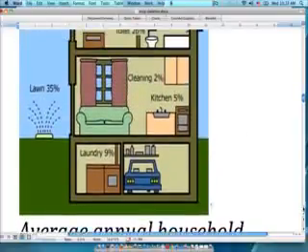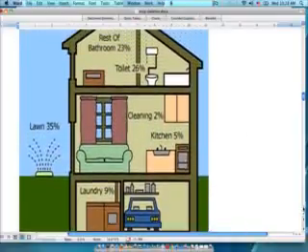So if we look at the diagram, we can see that for the lawn, 35% of overall water usage was used here. The bathroom is 23% plus toilet 26%, so that's 49% in total.